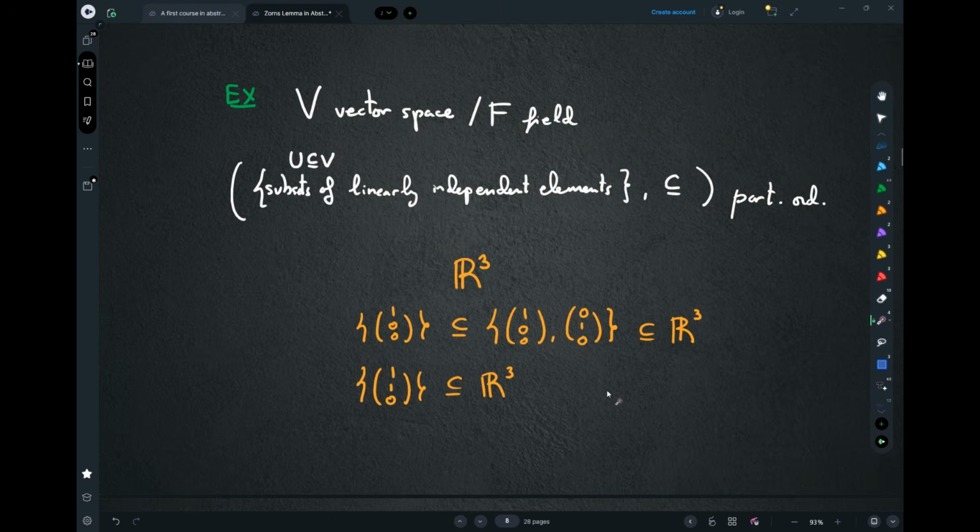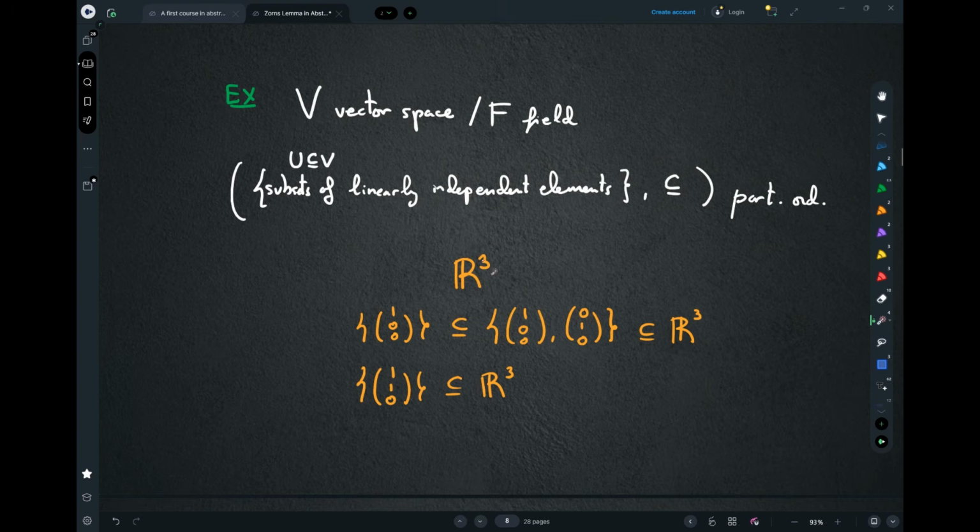As another example, let V be a vector space over a field F, and consider the set S, which is going to be all the subsets of V of linearly independent elements. So these are subsets of vectors where every vector is linearly independent from the other vectors in the same set. And we are going to consider those under inclusion.